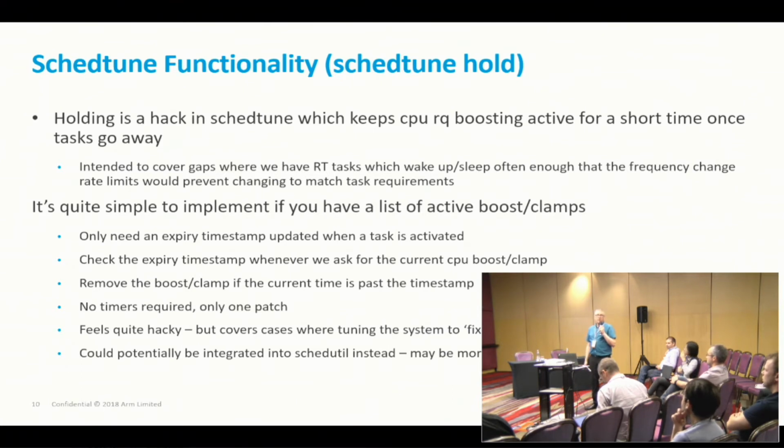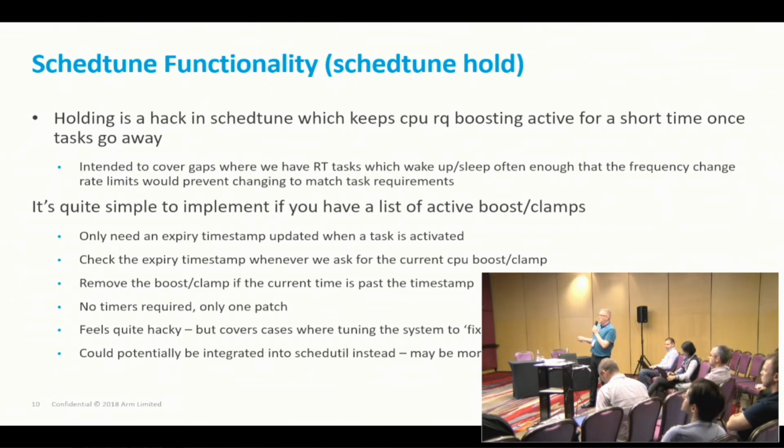And if those boundaries align just correctly, you end up not being able to satisfy your RT requirements. So we have this SCED-tune hold thing, which allows you to keep a boost active on a CPU for 50 milliseconds minimum amount of time. And by default, we only apply that to RT tasks. It actually turns out to be quite simple.